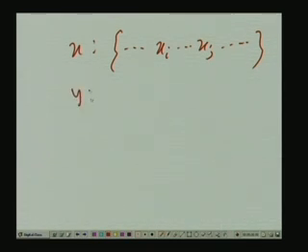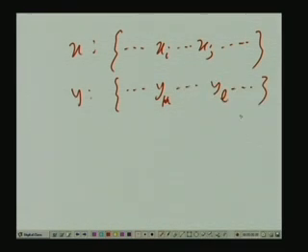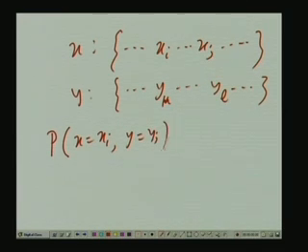Similarly, Y takes values Yk, Yl, and so on. In that case, the joint probability that x takes the value xi and y takes the value yj is denoted by Pij.